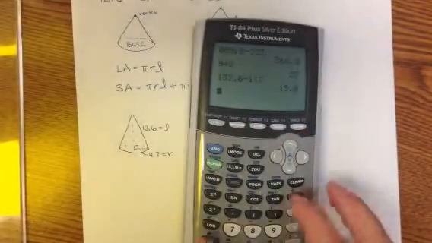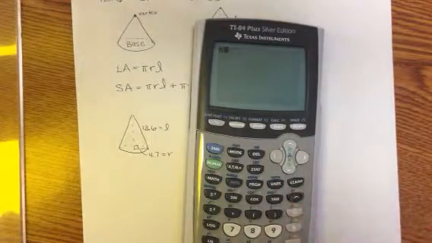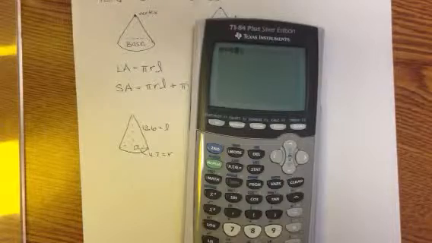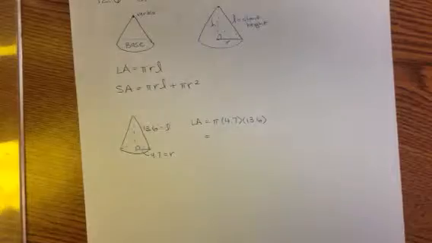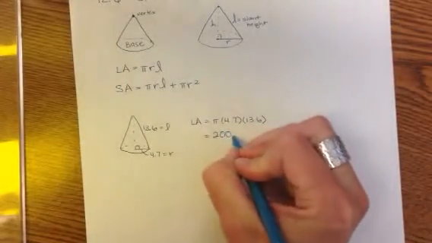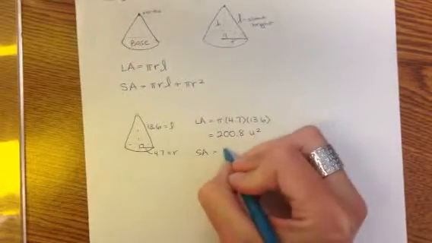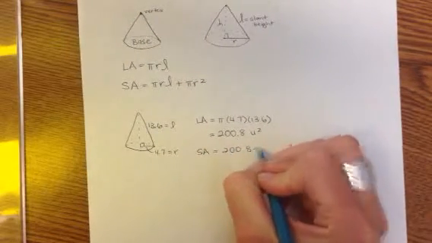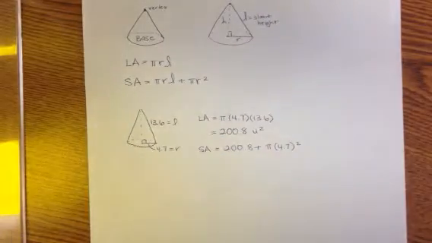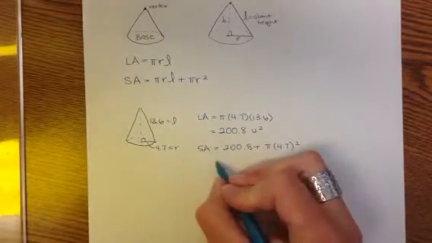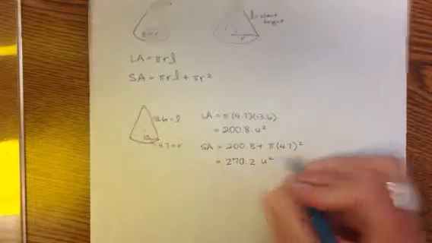Pi times 4.7 times 13.6, enter, and I get 200.8. So I have 200.8 units squared, and then my surface area will be the 200.8 plus pi 4.7 squared. So once I add that in, I'm going to end up with 270.2 units squared.